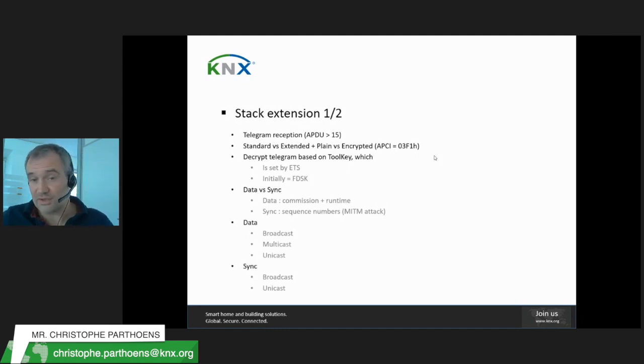So that's the first thing that you need to do. In other words, you need to make sure that your device is able to handle extended frames. That's what I'm trying to say here.